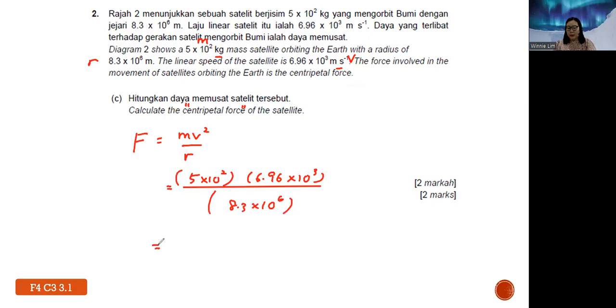Okay, so you press the calculator. Make sure the one that has a square, you alert, like in my case, the v has a square and I didn't put it in, so again make sure you are alert with all this. 6.96 times exponent 3, okay, divide by.